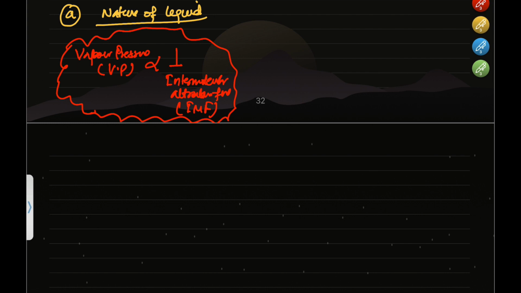Next point is temperature. How does the vapor pressure of a liquid depend on temperature?